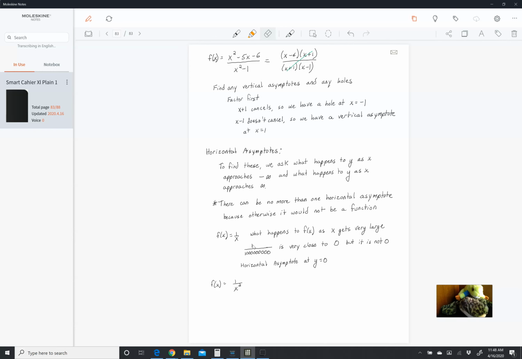Well, as x gets really, really large, we have 1 over a very, very large number. It's very close to 0, but it doesn't reach 0.